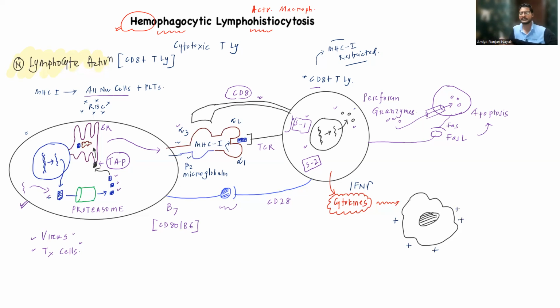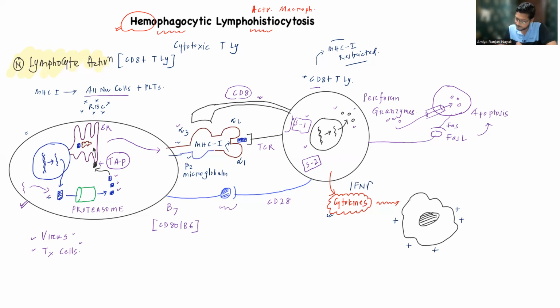Now these macrophages can come and engulf, or phagocytose, the affected cell also. So basically, CD8 plus T cells will cause direct killing of the affected cell, and they can also activate the macrophages to cause damage to the affected cell.